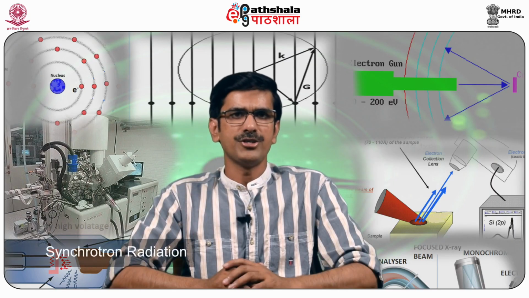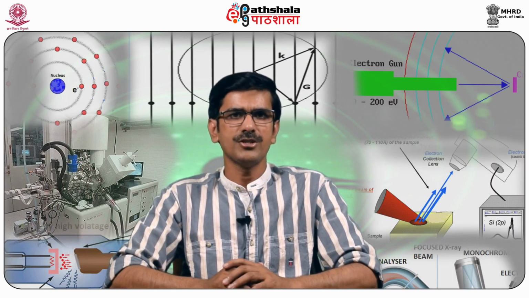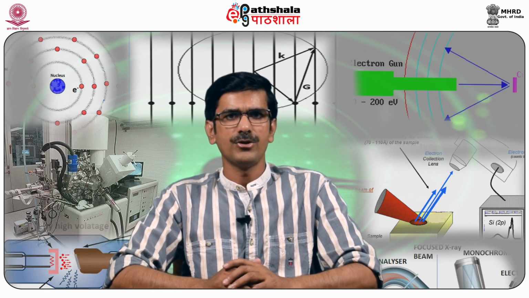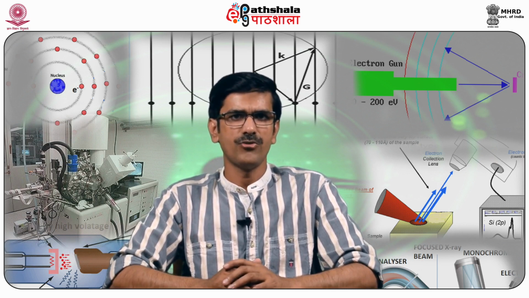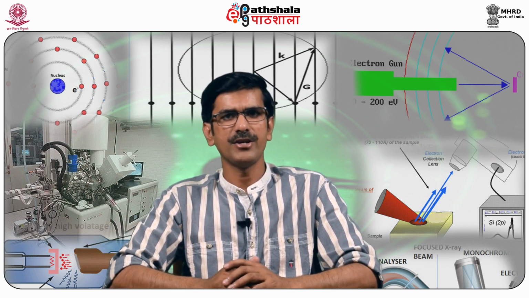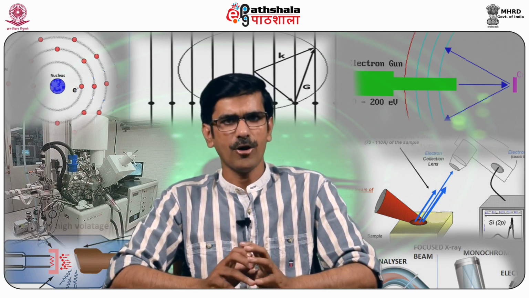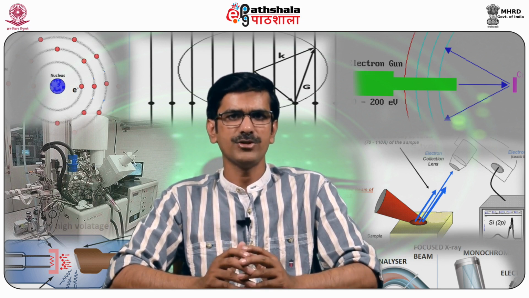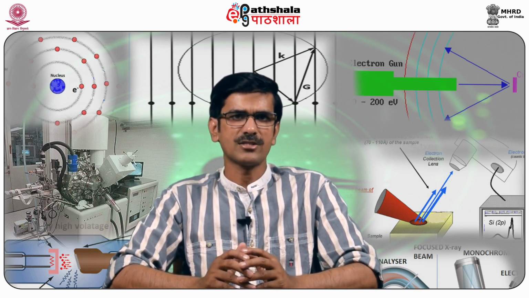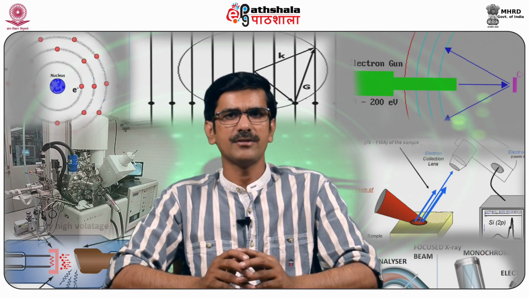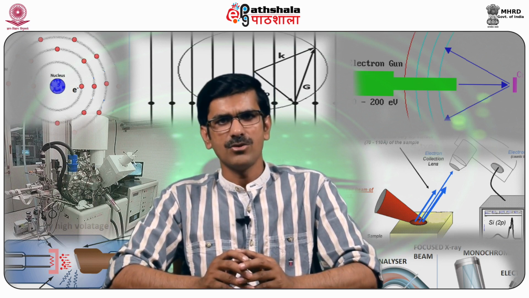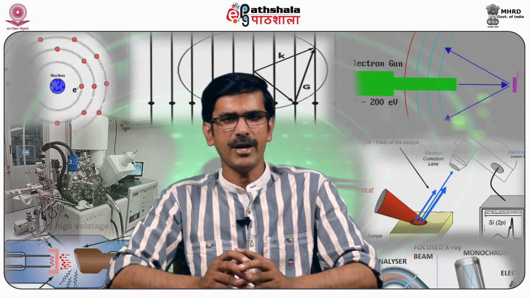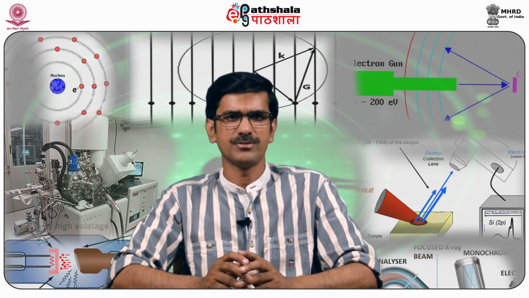The synchrotron radiation. Synchrotron radiation is a name given to the radiation which occurs when charged particles are accelerated in a curved path or an orbit. Classically, any charged particle that is accelerated, whether in a curved path or a straight line path, will emit energetic electromagnetic radiation.